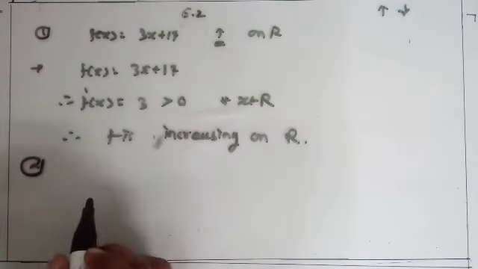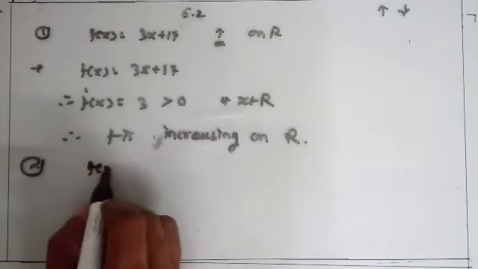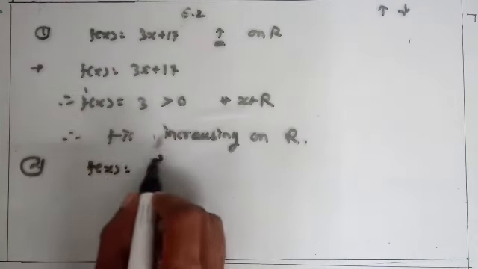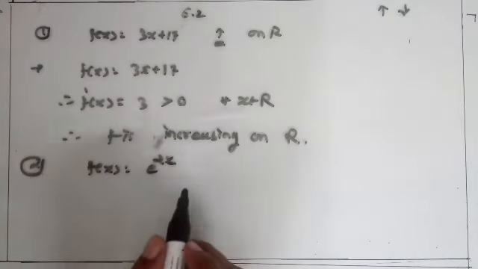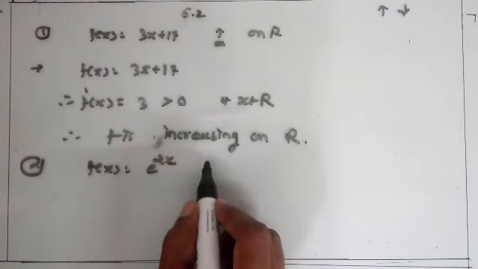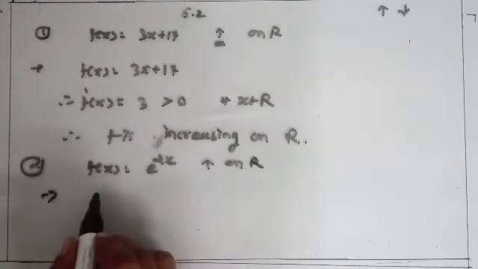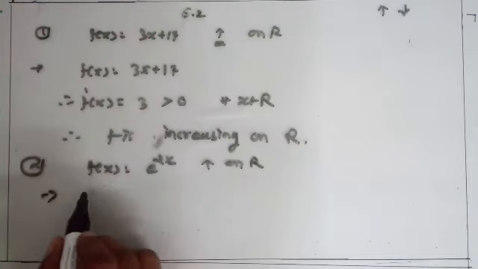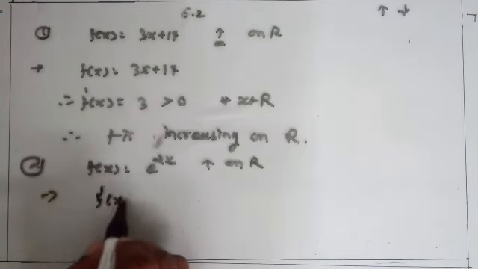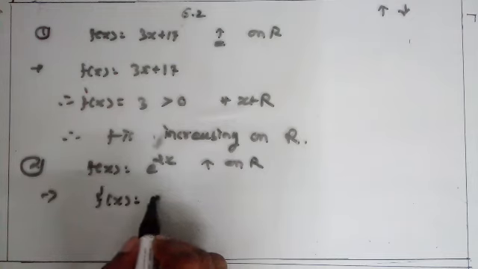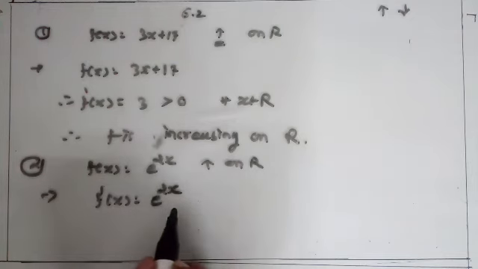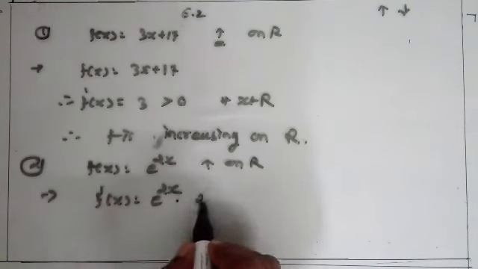Similarly, question number 2. Show that function f(x) equal to e raised to 2x is increasing on R. Here, get the first derivative. So f dash x is equal to the derivative of e raised to 2x, which is e raised to 2x into the derivative of 2x, equal to 2.